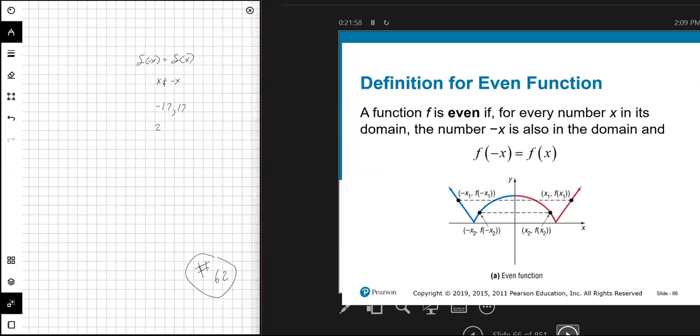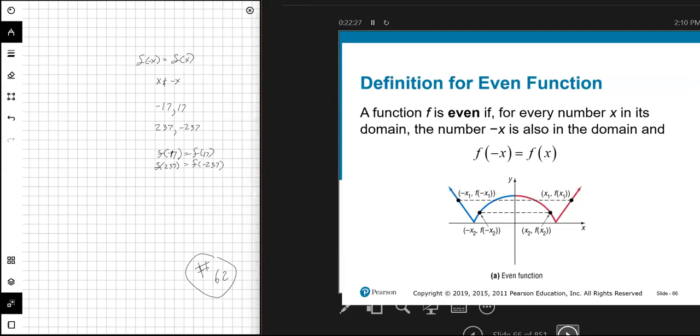If 237 is in the domain, then negative 237 is in the domain. And f of negative 17 will equal f of 17, and f of 237 will equal f of negative 237.